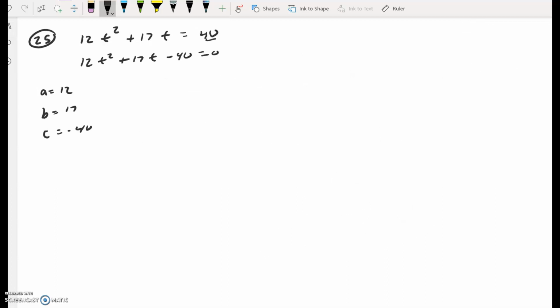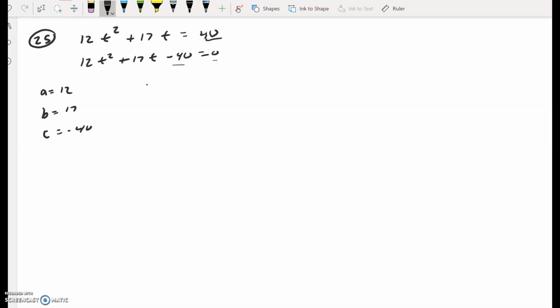Here we don't have 0 on one side, so we take away 40 from both sides to get 0 on one side. That lets us write down the coefficients. A is 12, B is 17, C is negative 40. And we're ready to go with the quadratic formula.